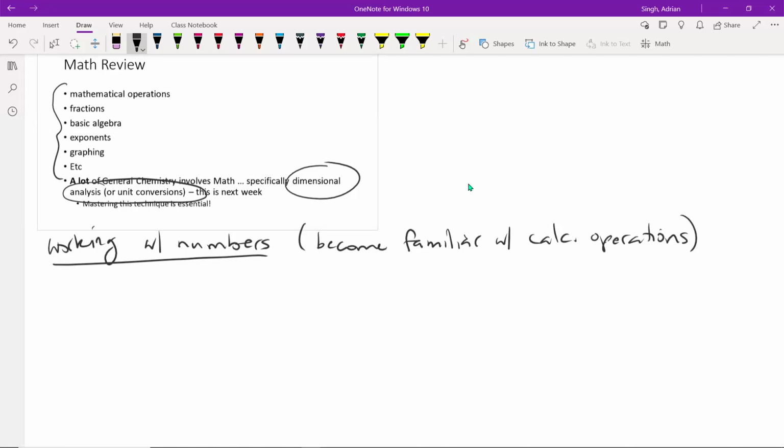So let's take a look here at just a couple quick examples. So let's say I had the following. I had negative 27 divided by 3.